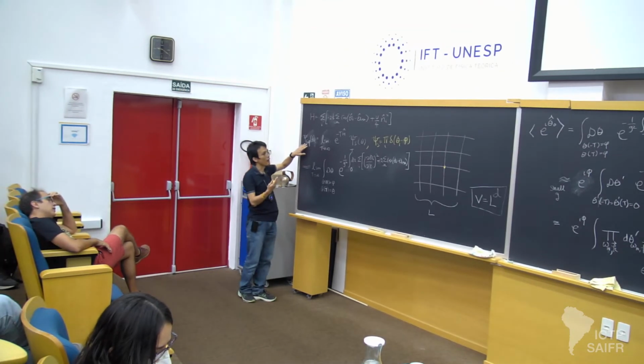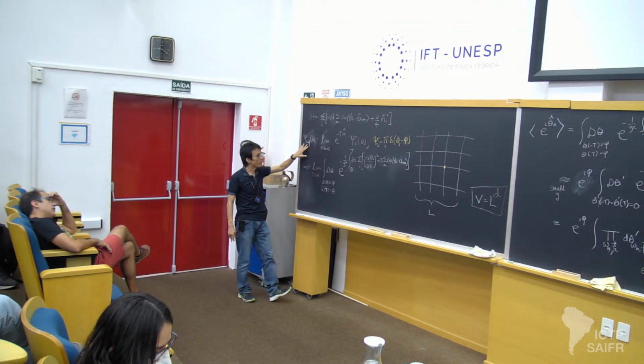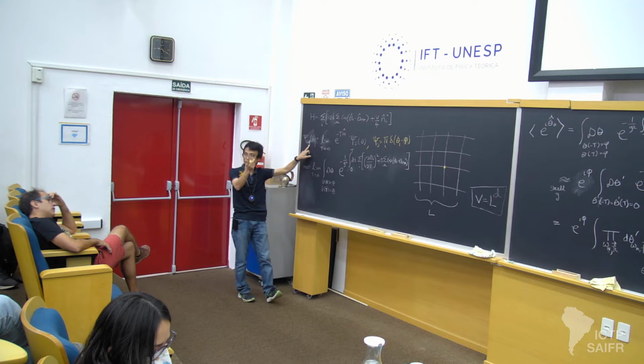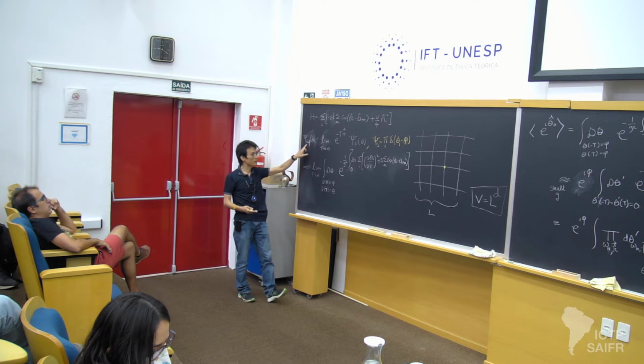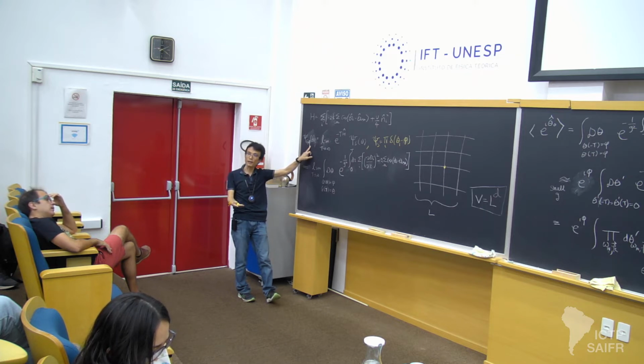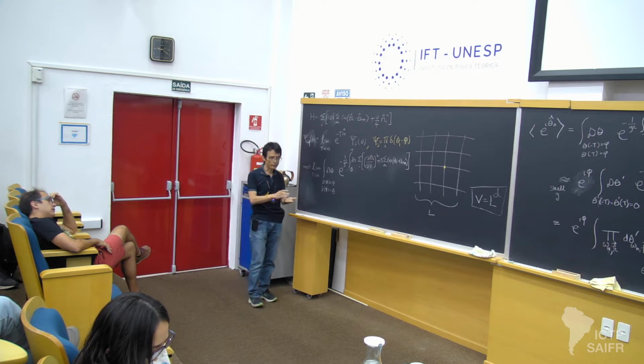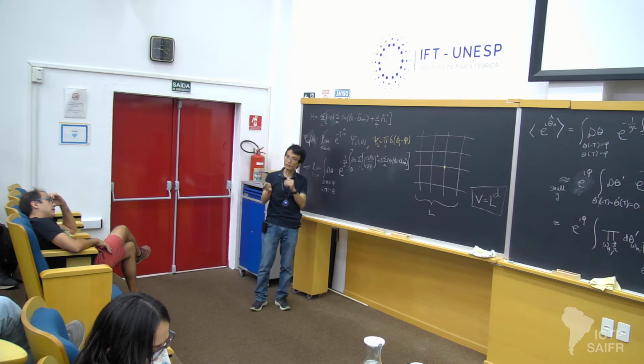And in general, this ground state may depend on that angle phi of the seed state, okay? So I put that index here. And the question is, will the ground state remember the information about the initial angle or not? This is just one way of telling whether there's only a unique ground state or many ground states.